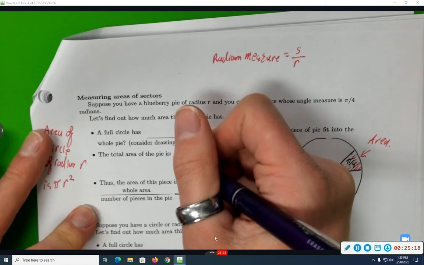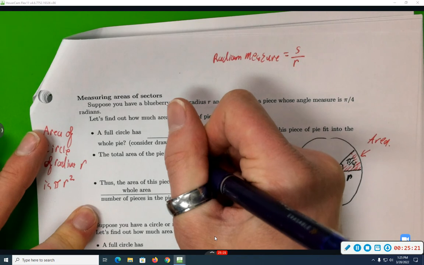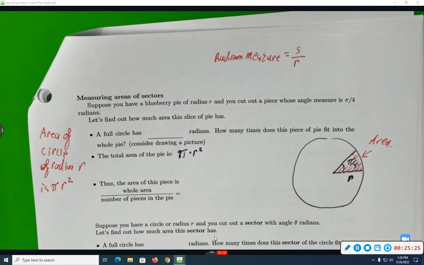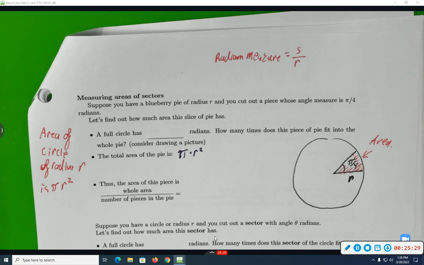So we have the area of the total pie is pi times the radius squared. I want to know the area of this little slice of the pie. So let's try to figure out how many times this red slice of the pie goes into the full pie. What's the radian measure of the angle that would go all the way around the circle?